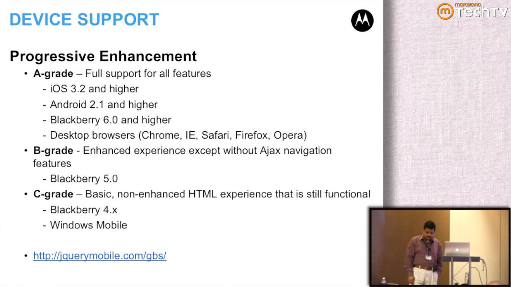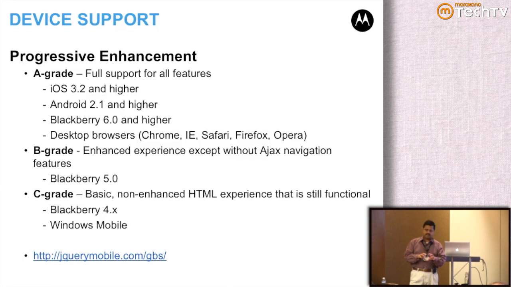The other nice thing that I like about jQueryMobile is it uses something called progressive enhancement. What it means is, for a very stripped down device that cannot run animations and things like that, without you having to change your code, it will run just the basic functional aspects of the code.